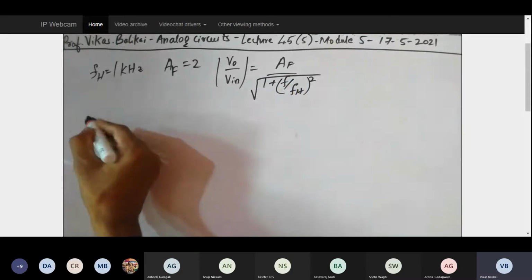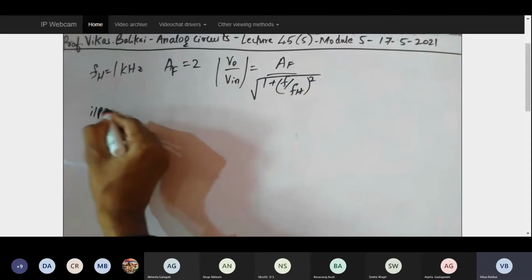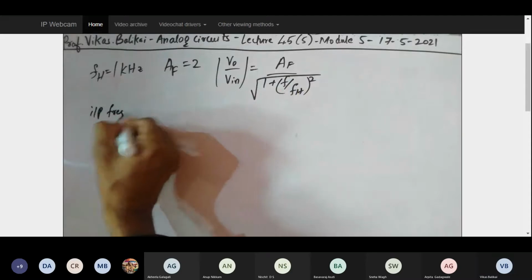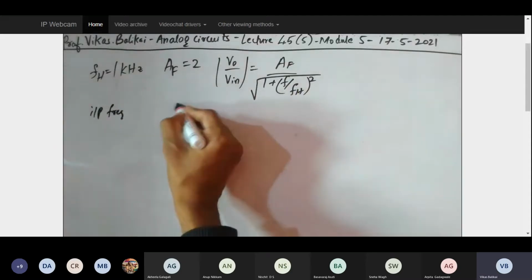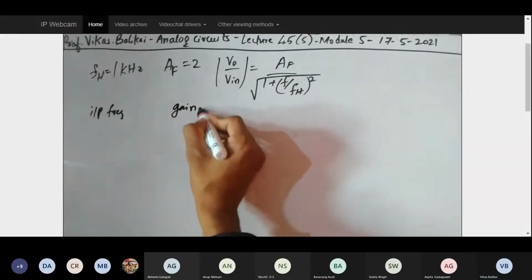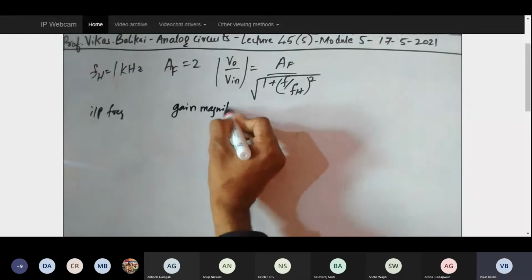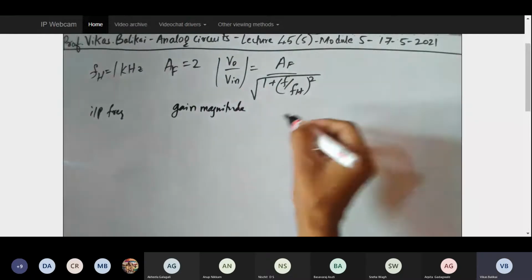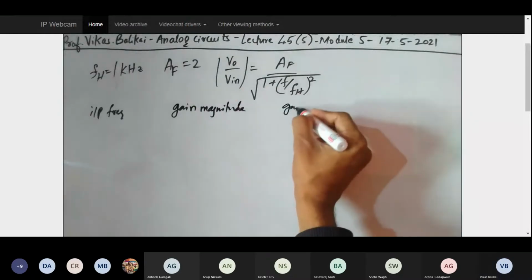Let's say, for example, I'm going to talk about input frequency, and then I'm going to consider gain magnitude, and I'm going to consider the gain in dB as well.